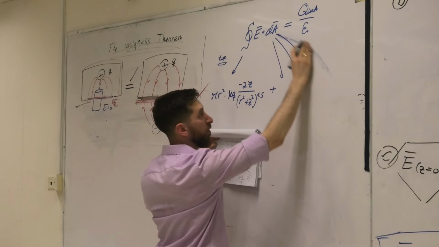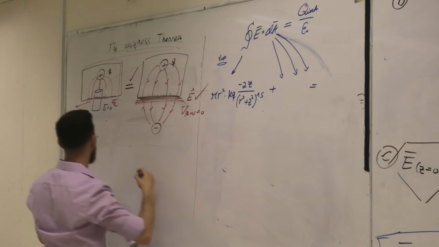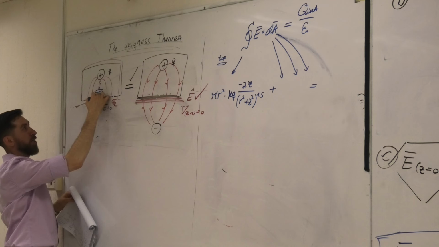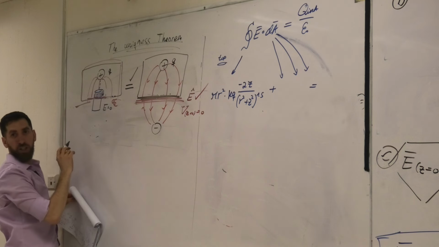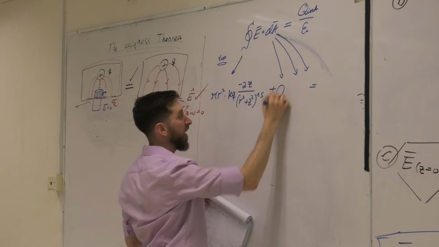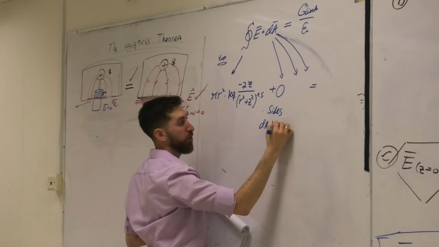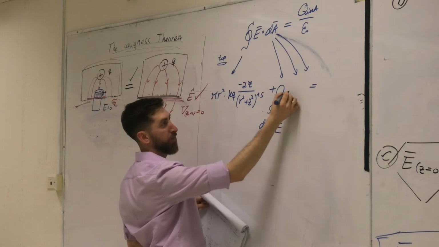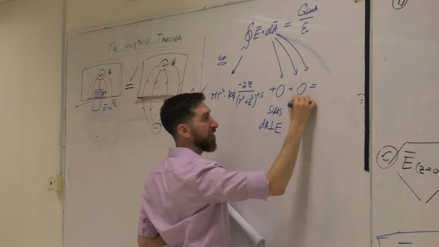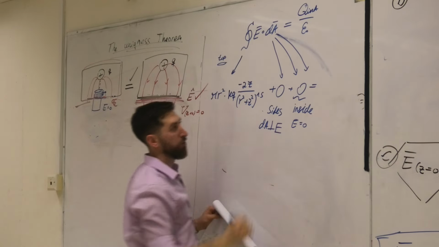What is the rest of the envelope? The rest of the envelope, we have this thing, right? This side, but the electric field is in this direction and the dA is in this direction, right? So the sides, dA is perpendicular to E, so this is 0, plus inside E equals 0, right?